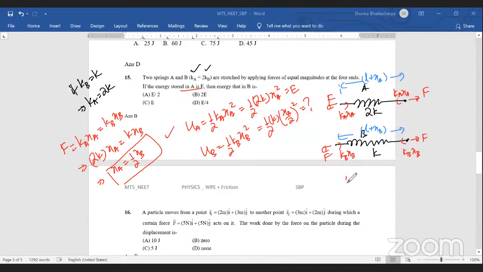So you can see that UA is equal to K XA square, and that is E. Whereas UB is becoming, oh sorry, my mistake, this is double.